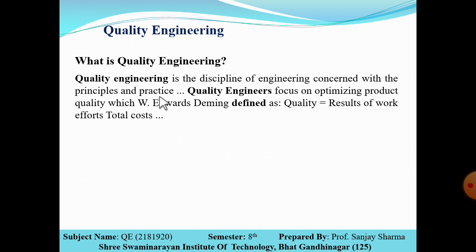So this is a single line definition which says what quality is. Quality engineering focuses on optimizing product quality, which W. Edward Deming defined as quality equals results of work efforts over total cost. So it's very simple. See, the word optimization always means the maximum output.